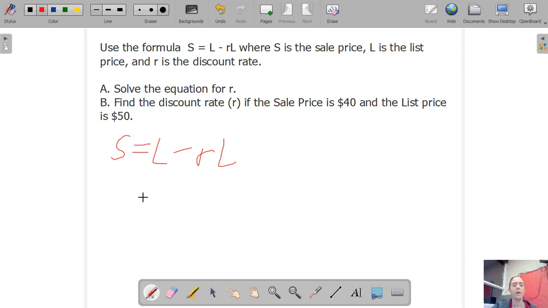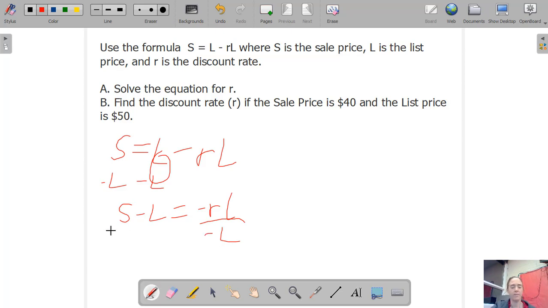Okay, what I could do is subtract L on both sides. That's going to give me S minus L. L minus L here is 0, so then we're just going to have equals negative RL. Then I want to get this R by itself, so I'm going to divide by L. You could also divide by negative L if you wanted to, or you could just divide by L and then do the negative 1 after, just to save some space.